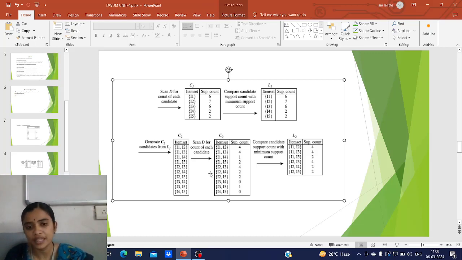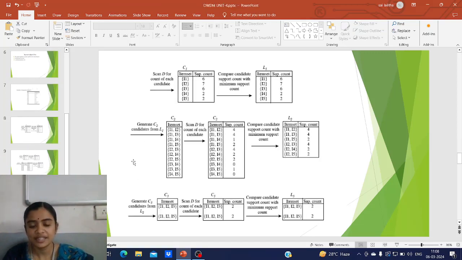Next is the L2 frequent item set. Then we have to prepare the three-item sets based on the L2. Here I have formed three-item sets based on the L2 frequent item set.